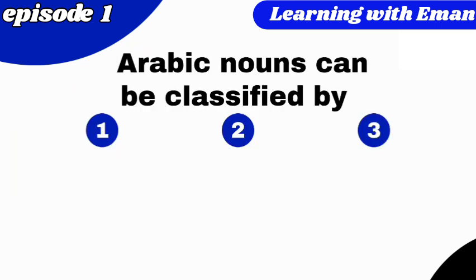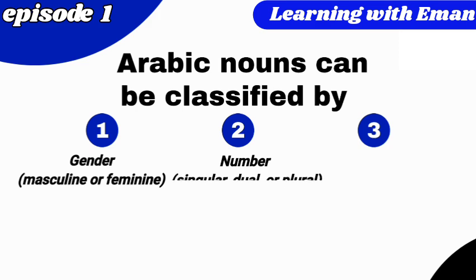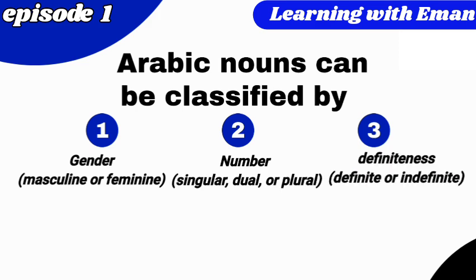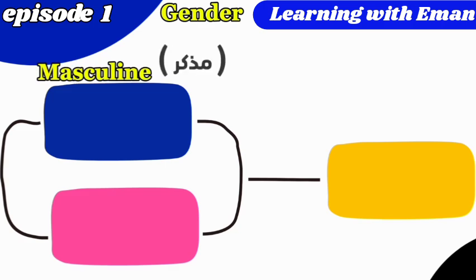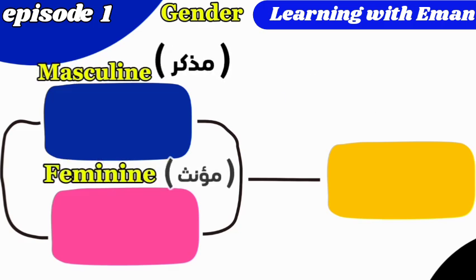Arabic nouns can be classified by gender, masculine or feminine, number, singular, dual or plural, and definiteness, definite or indefinite. First, gender. Every Arabic noun is either masculine, مذكر, or feminine, مؤنث.